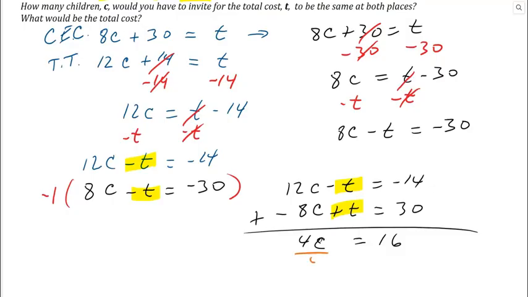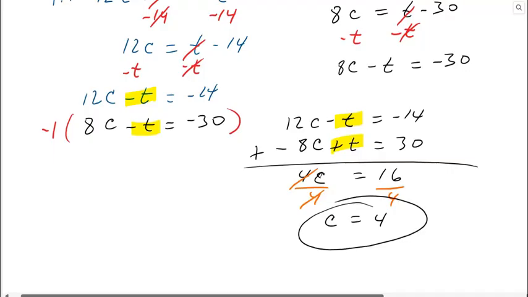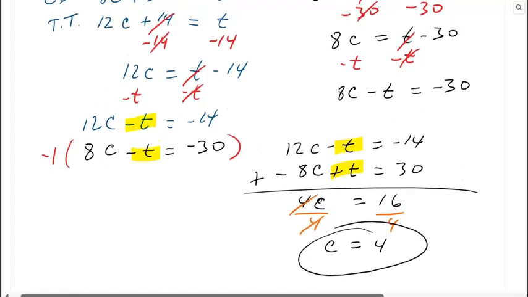If I divide both sides by 4, those 4's cancel out, and C is equal to 16 divided by 4, which is 4. So 4 is the number of children. All right, now I can figure out the cost because I can go back and substitute that in. So let's use Taco Time since I can see it right there. 12C plus 14 equals T, right?